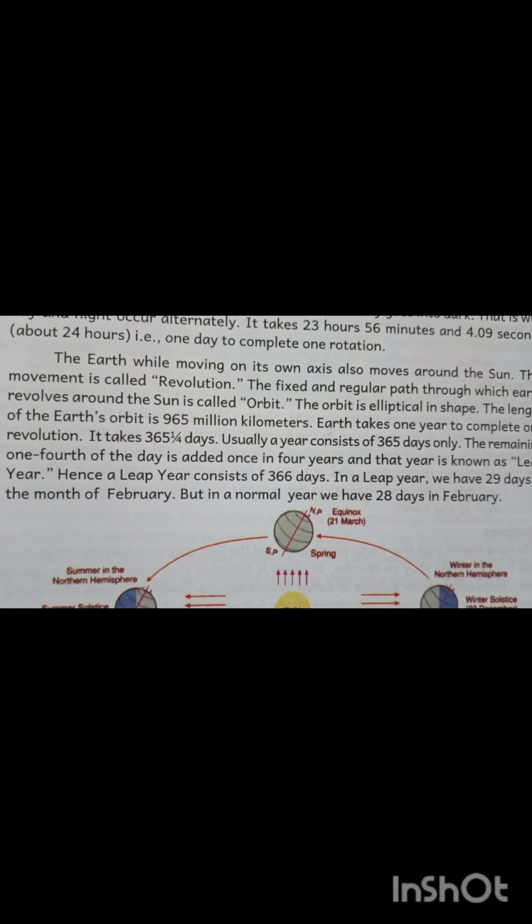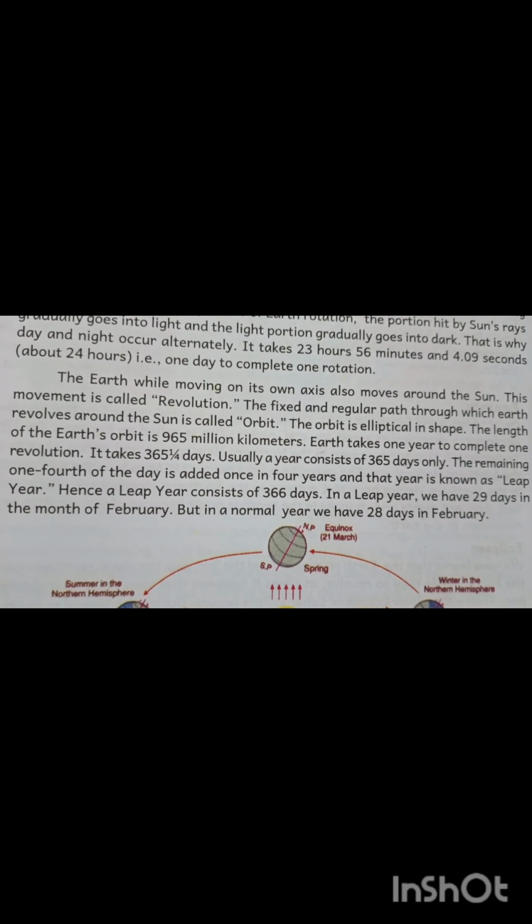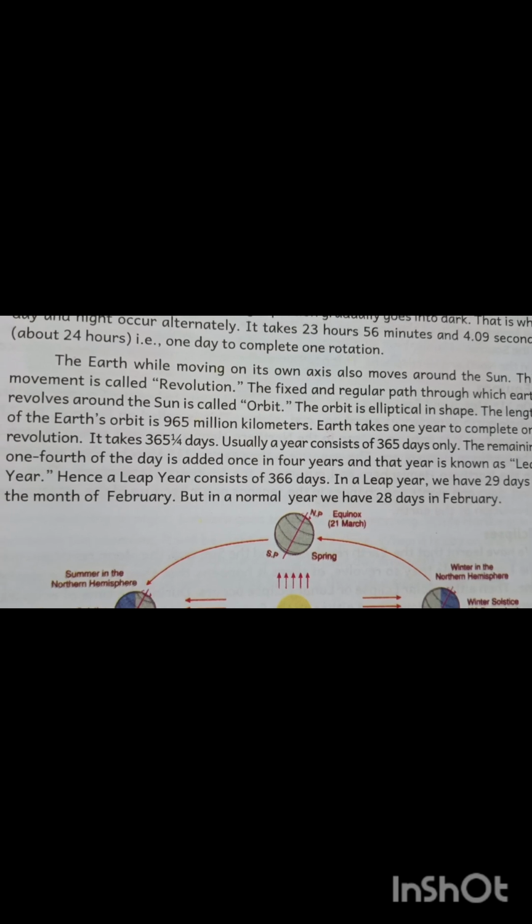It takes 365 and 1 by 4 days. Usually, a year consists of 365 days only. The remaining one fourth of the day is added once in 4 years, and that year is known as leap year.